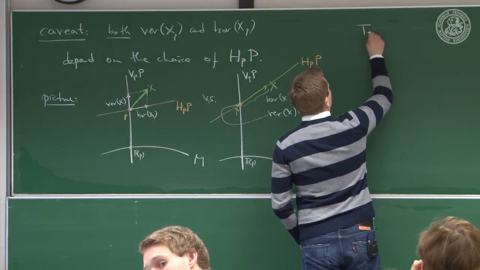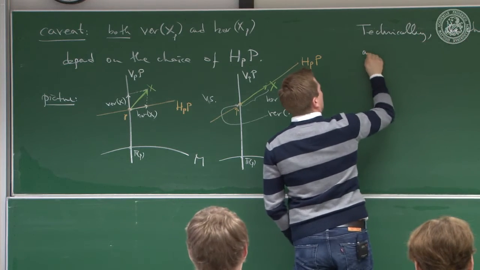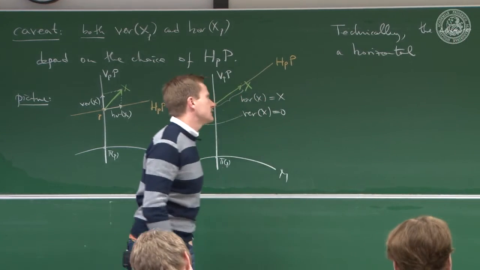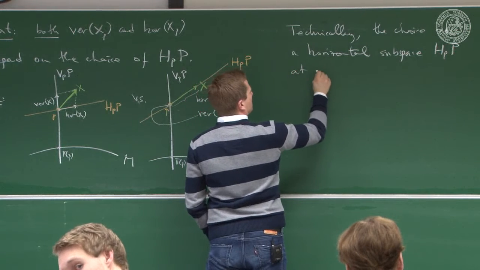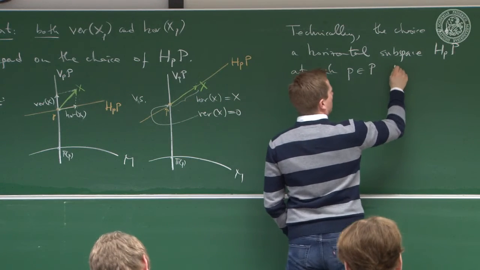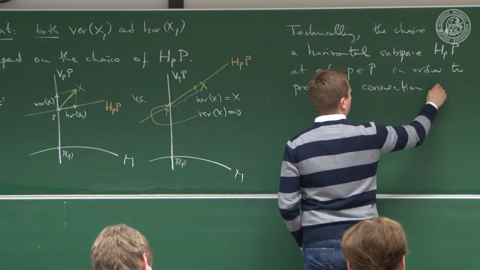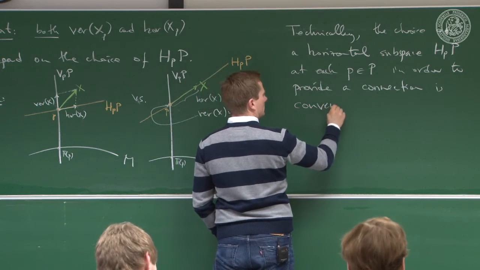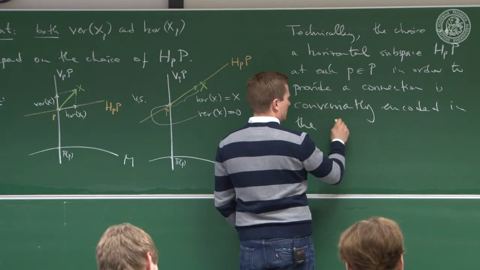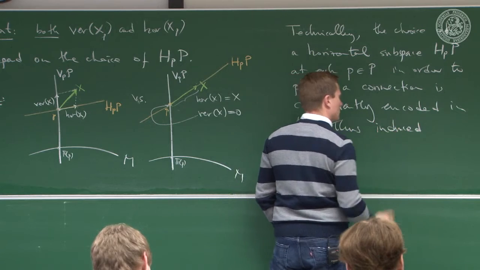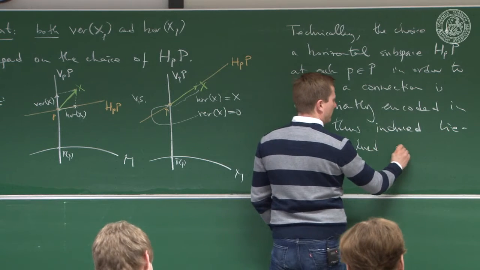So technically, the choice of a horizontal subspace, I didn't introduce this terminology in writing, but I said it several times, of a horizontal subspace H_P P at each point P in P in order to provide a connection is conveniently encoded in the thus induced Lie algebra valued one form.